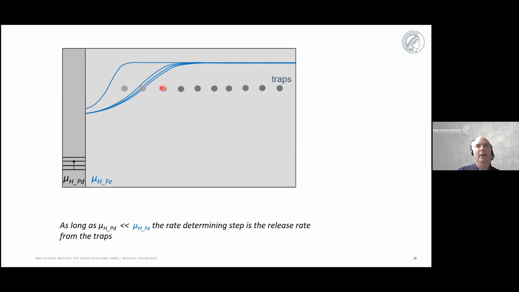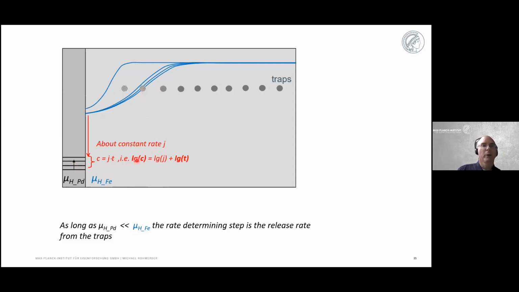Then we get a more or less constant gradient, which changes only very slowly. And then we get a more or less constant change of potential with the logarithm of time. The reason is the concentration in the steel changes with a constant rate, the release rate from the trap sites, as I mentioned, roughly constant rate.